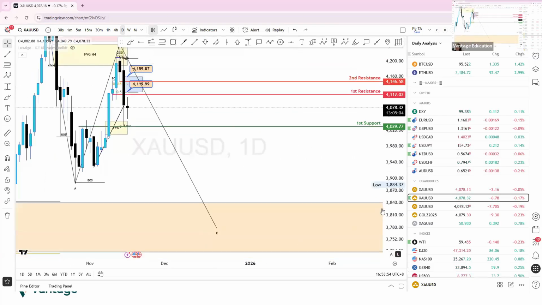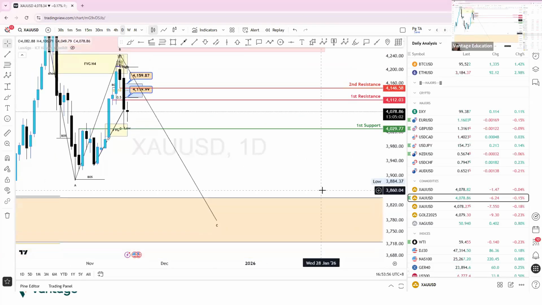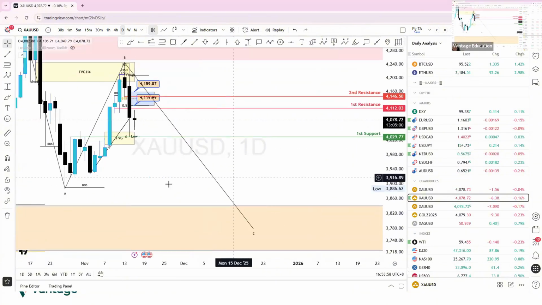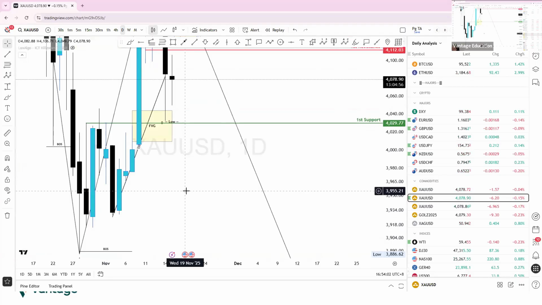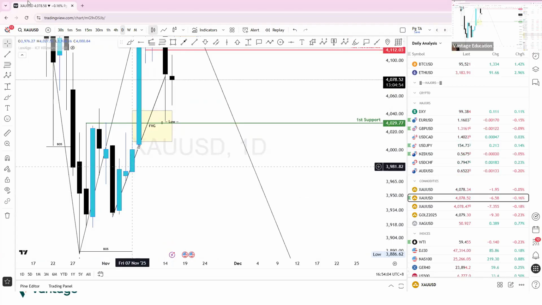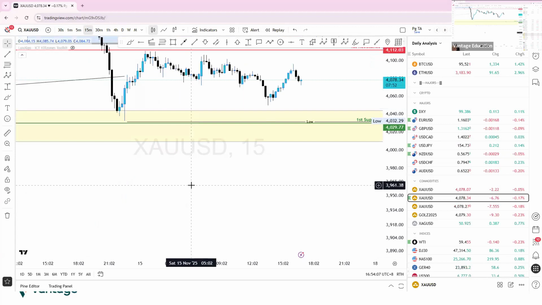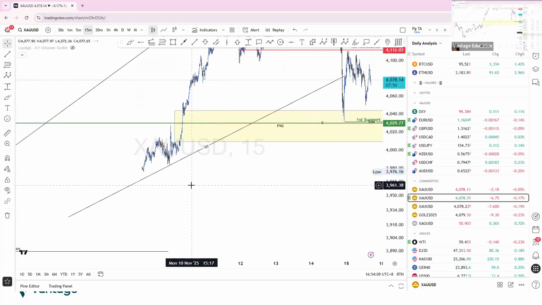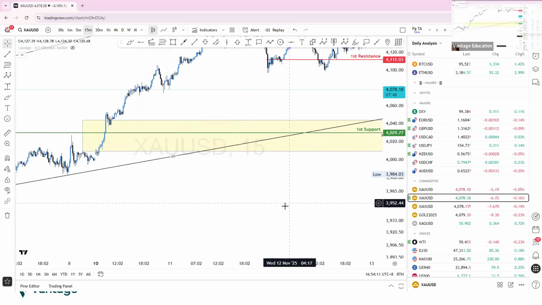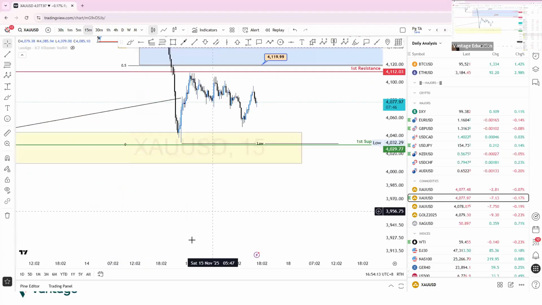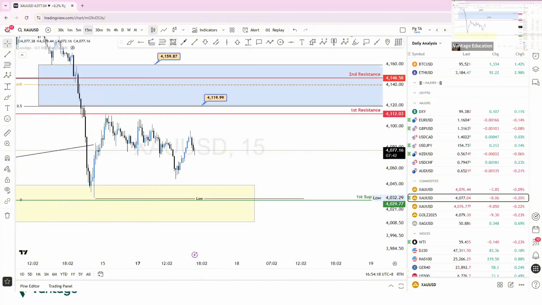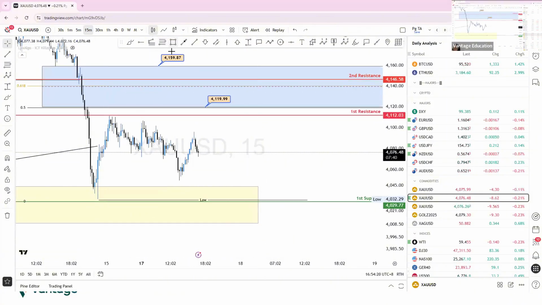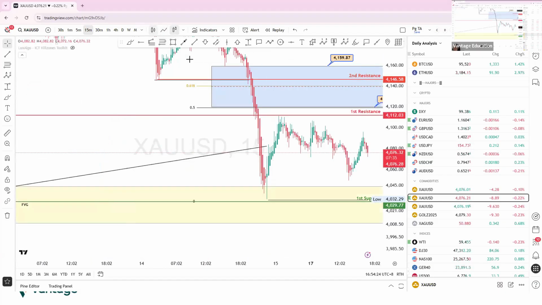I'm gonna look for the... no FVG, none. I cannot find the buy entry here. So basically I think I'm gonna look for the sell entry. Anyway, price is just within this range.